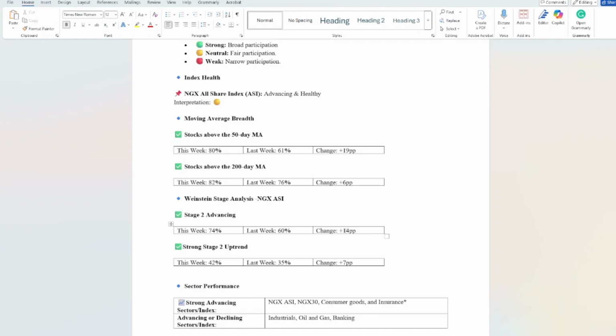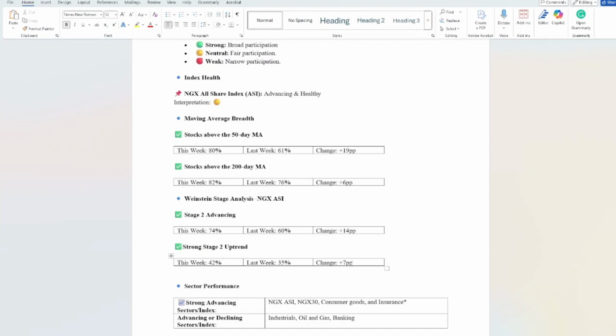It represents also a 14 percentage point increase. When we now focus on those stocks in stage 2, what percentage of stocks in general are in a strong stage 2 uptrend, right? So this is like the best of the best from stage 2 stocks. You can see that it increased from 35% to 42% this week, which is also a 7 percentage point increase.